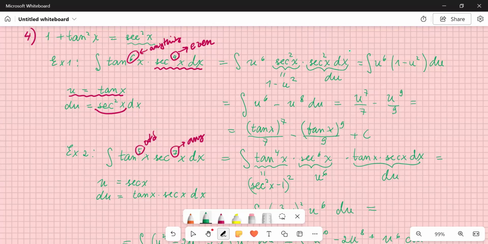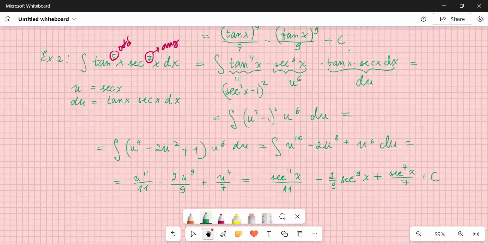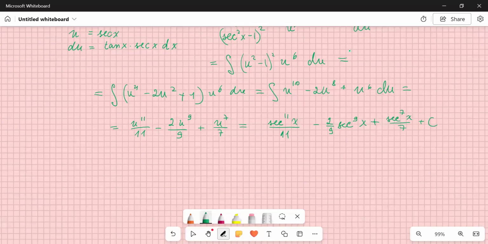If secant is odd, then the formula is not going to work. And if tangent is even, combining an odd secant with an even tangent, none of this is going to work. What should we do in this case? These cases must be solved separately, and I'm going to solve some of these cases separately.